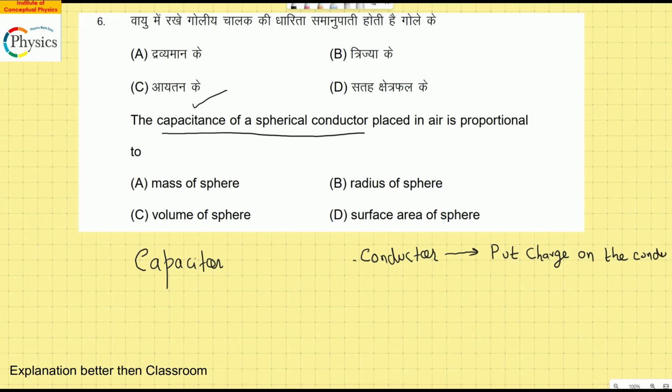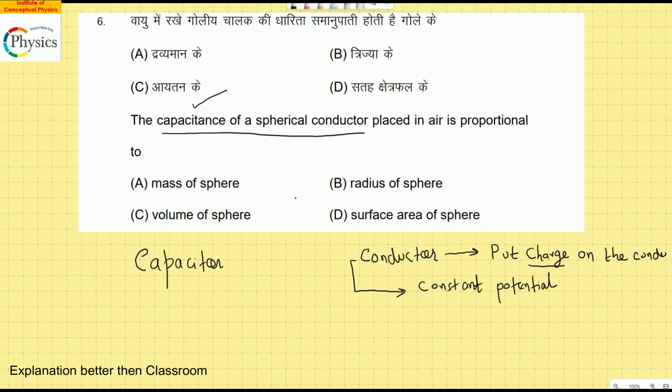The conductor then has a constant potential on it. So if you put charge on a conductor, there is a constant potential available on the conductor.